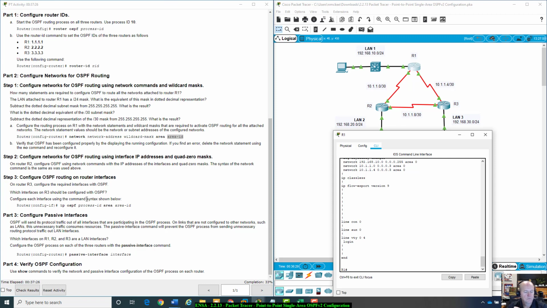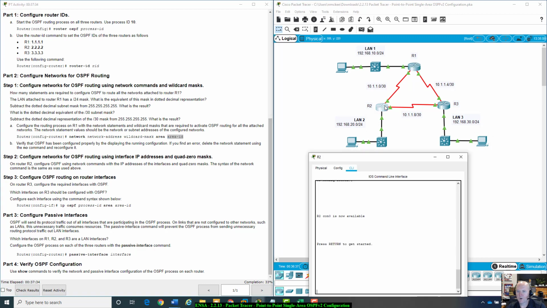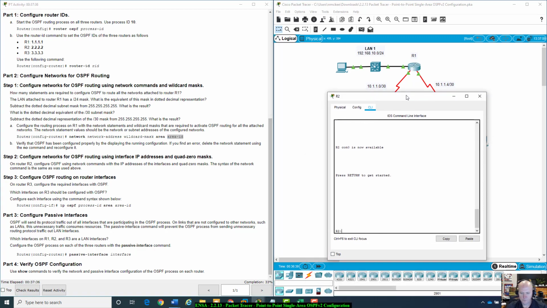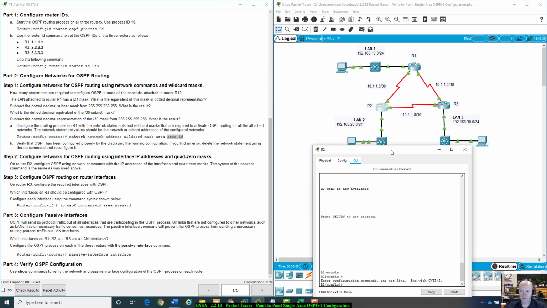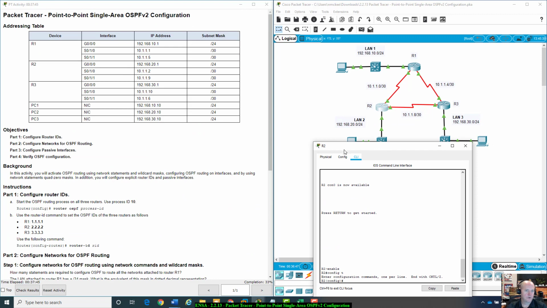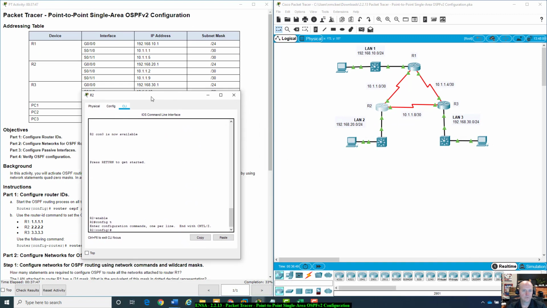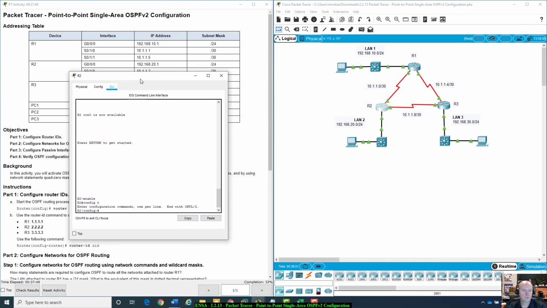All right, and that's router 2. So let's click router 2. Now we need to figure out the interfaces for router 2. So they're up here. All right, 3 interfaces right there.